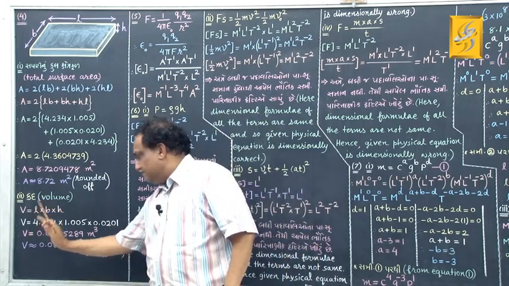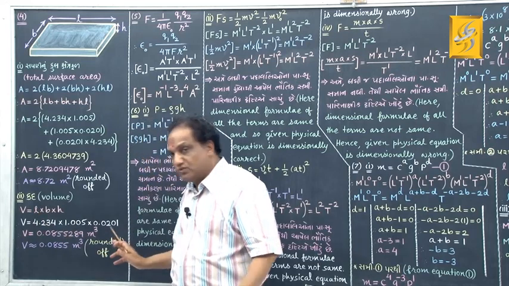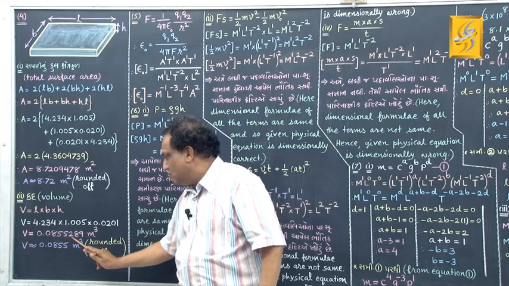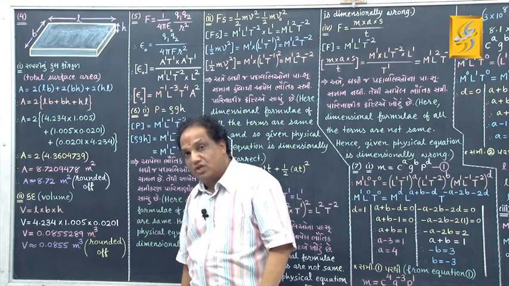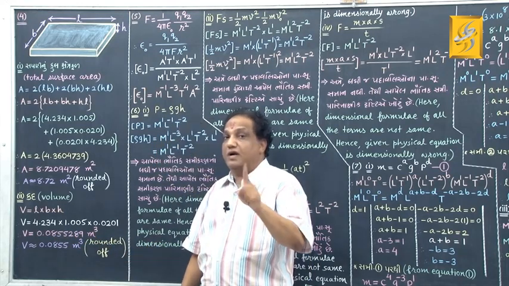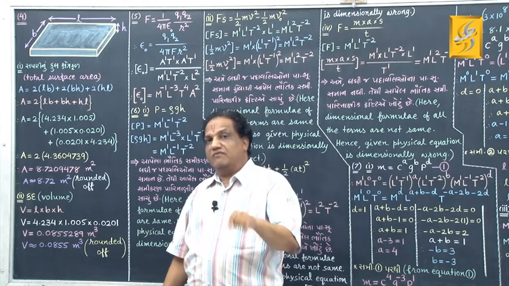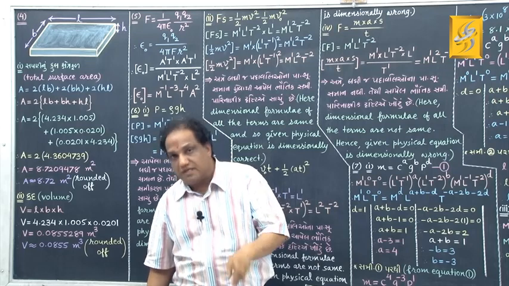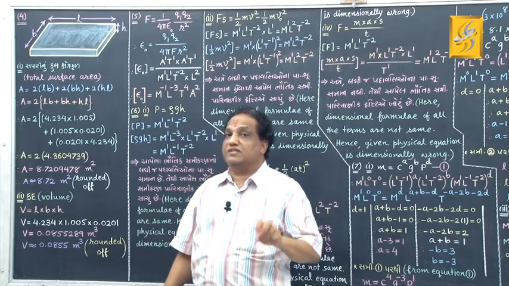When you find out this multiplication using calculator, you will get 0.0855289 meter cube, correct? But now among the 3 given significant figures, the minimum number of significant digits is 3.